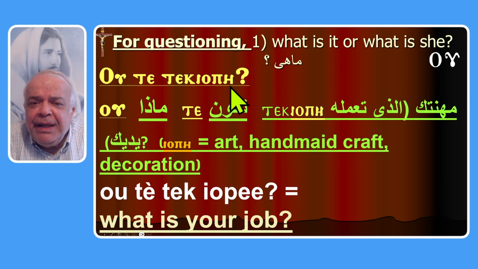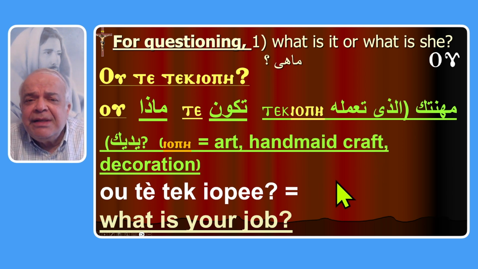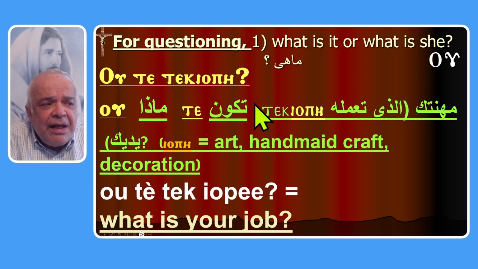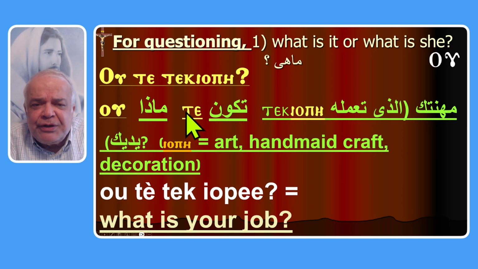Yopi here means art or handmade craft or decoration, which means that I'm not asking about his job as a job. I'm asking what he is smart and very good in, in his profession. So in the Coptic, it is more expressive and more clear.